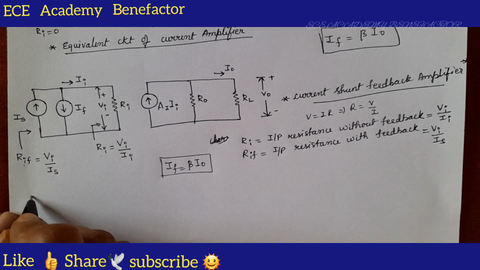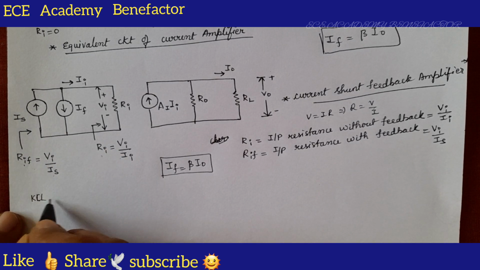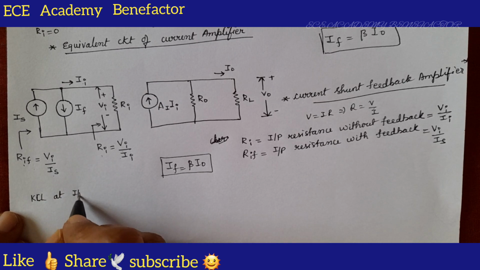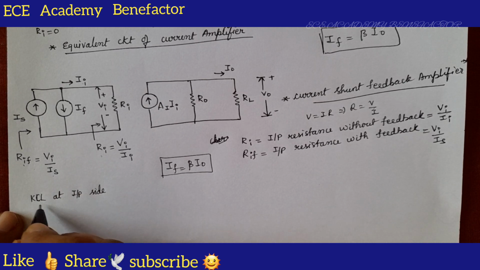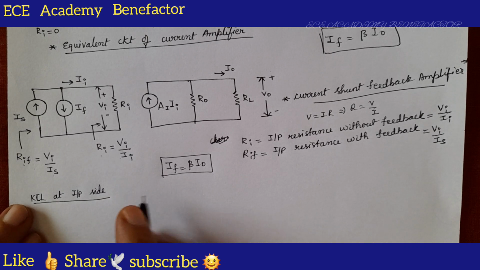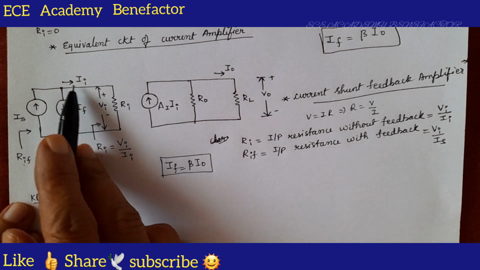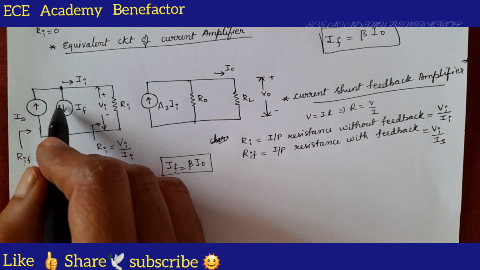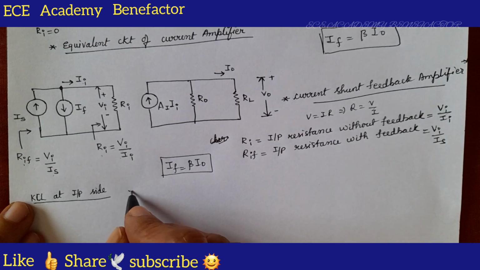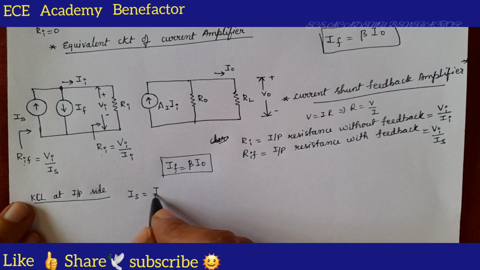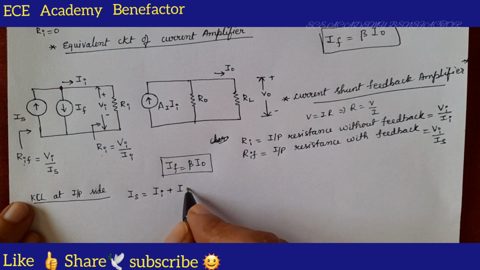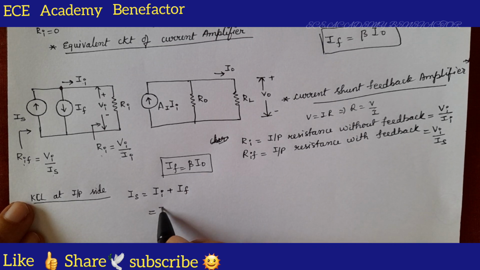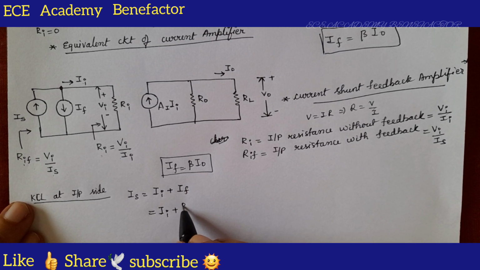Now apply KCL at the input side. What is KCL? Current entering is equal to current leaving. How many currents are there? IS, IF, II. At this node, IS is entering and these two are leaving. So we can write IS is equal to II plus IF. And IF is equal to beta times I naught. What is I naught?